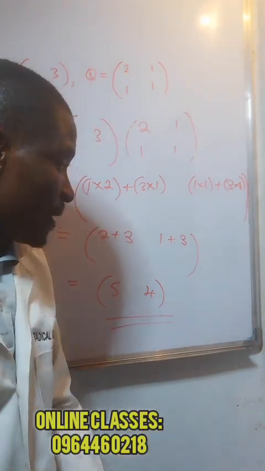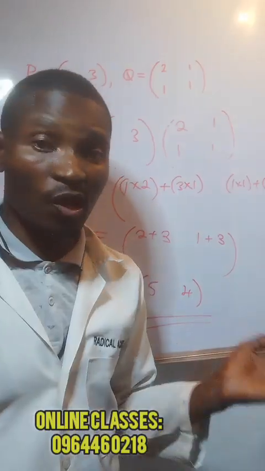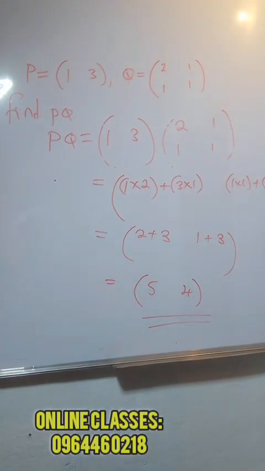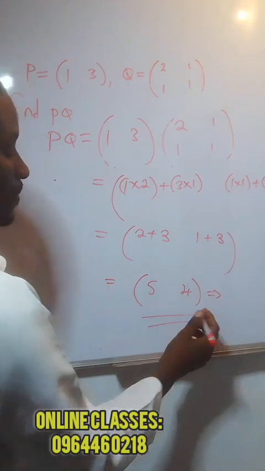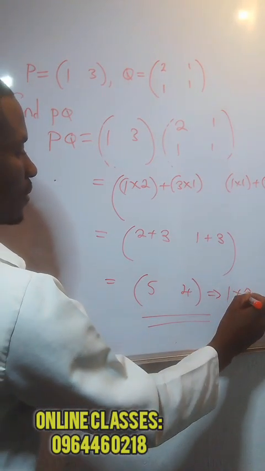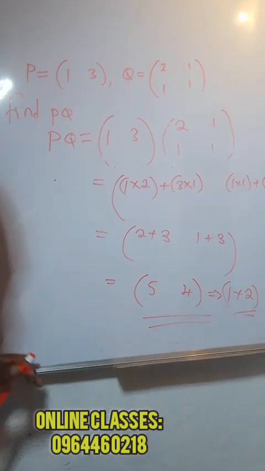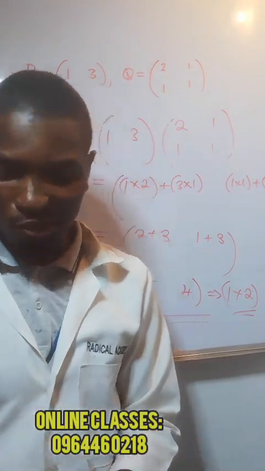Now you can check the order of this matrix. This is just a 1 by 2, so the order of this matrix is a 1 by 2 matrix.